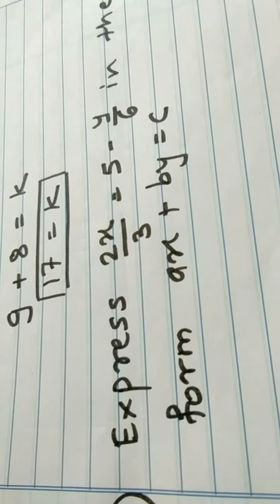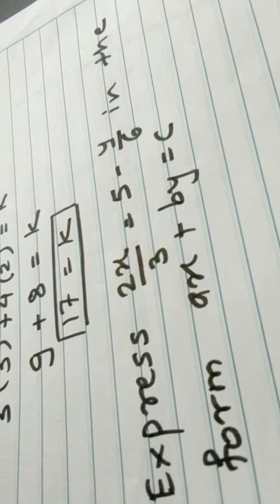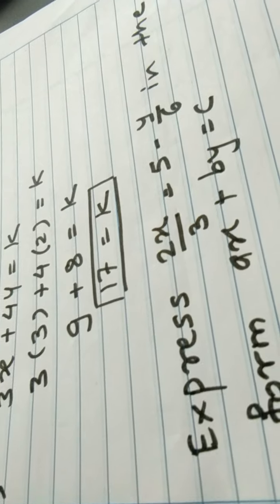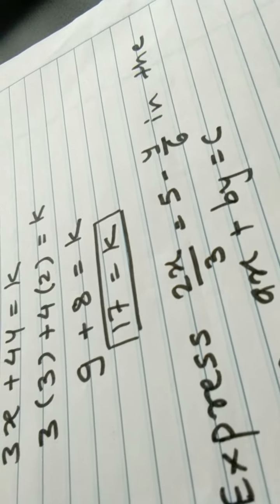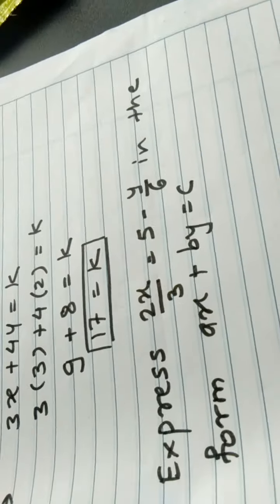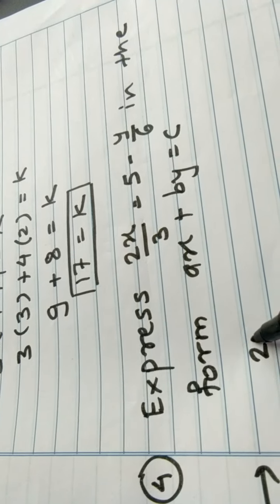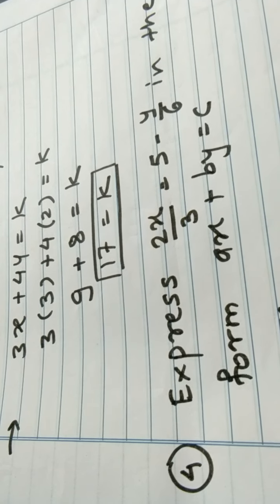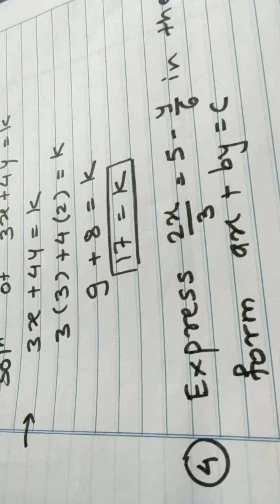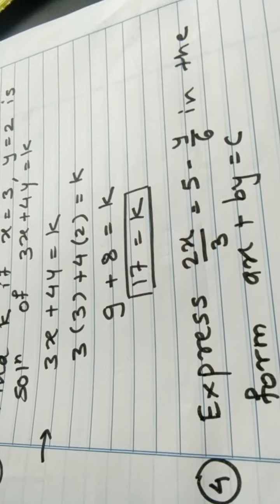So we have to express this equation in the standard form. What equation is given? 2x upon 3 is equal to (5 minus y) upon 6.